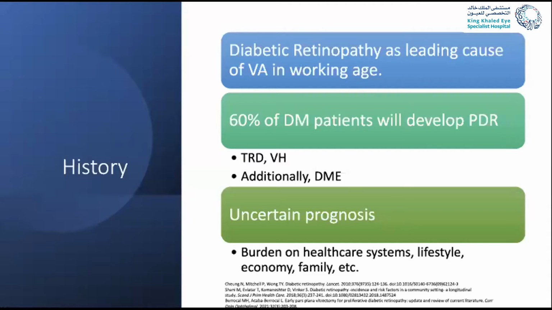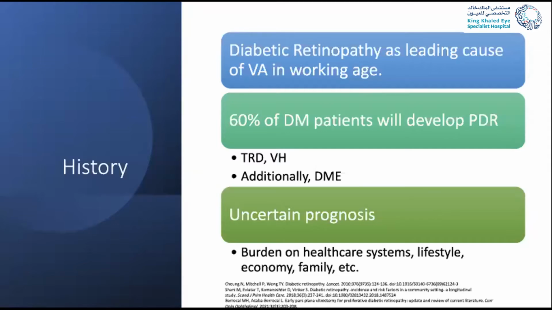We all know that diabetic retinopathy is the primary cause for vision loss in the working age population, and around 60% of diabetic patients will eventually progress into proliferative diabetic retinopathy. And once this happens, vitreous hemorrhage and tractional retinal detachments can be the cause. Unfortunately, the visual prognosis is uncertain despite intervention.